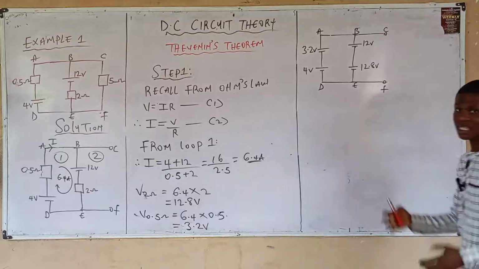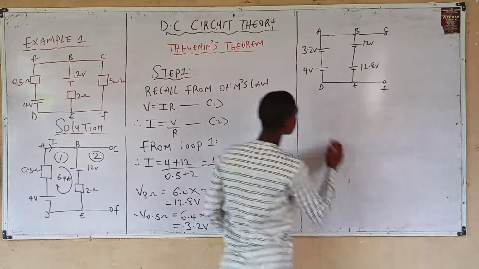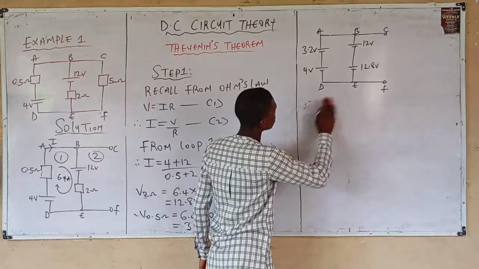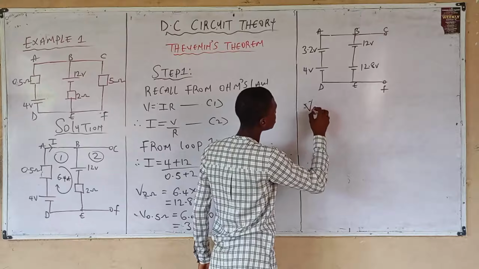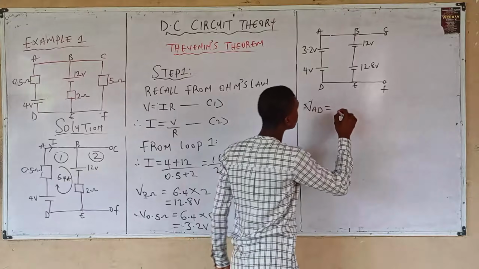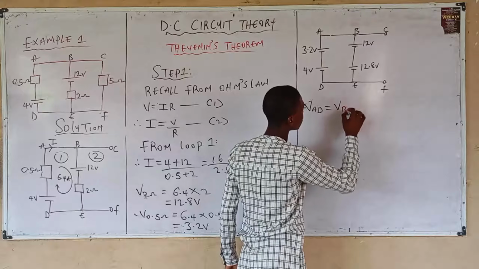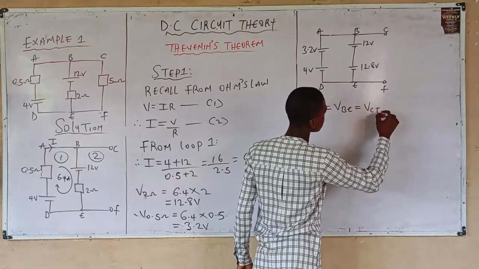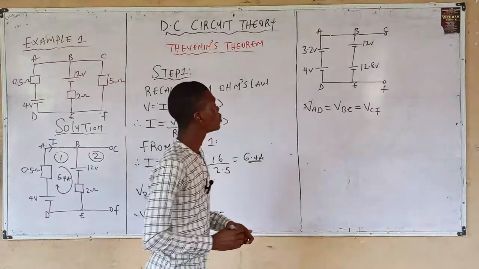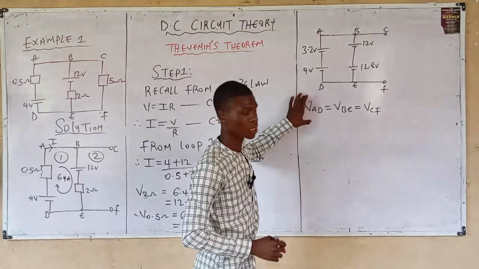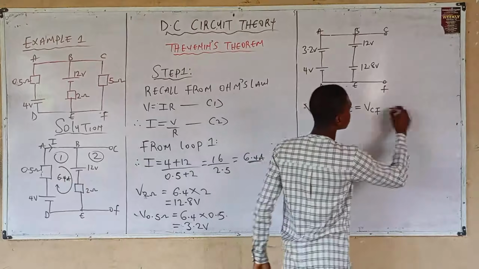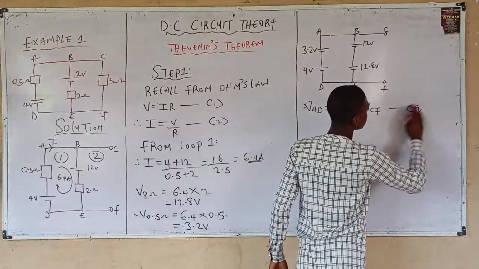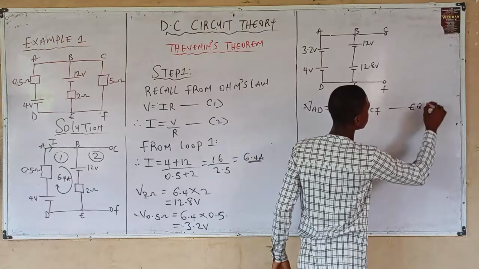Alright, and we said earlier that the voltage in branch AD must be equal to the voltage in branch BE and must be equal to the voltage in branch CF. Meaning, knowing the value of voltage here. Okay, let's call this equation 1.